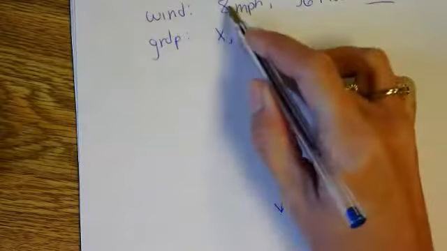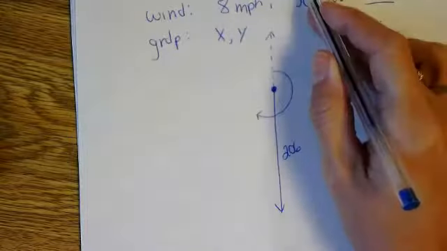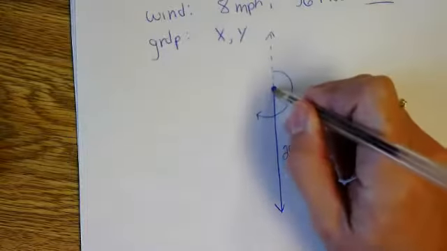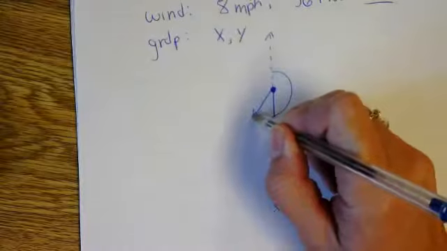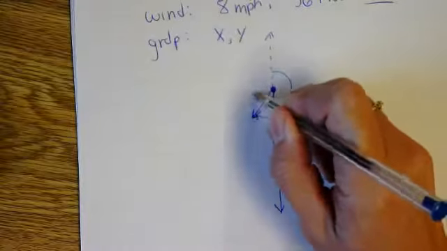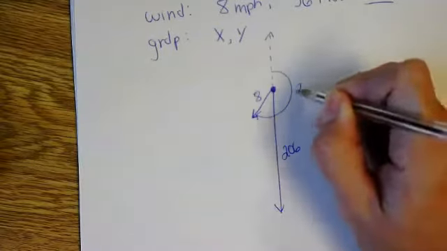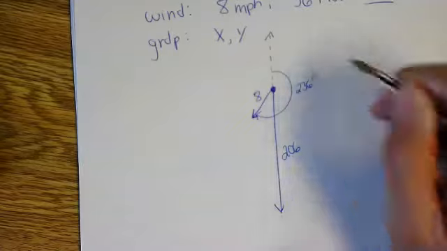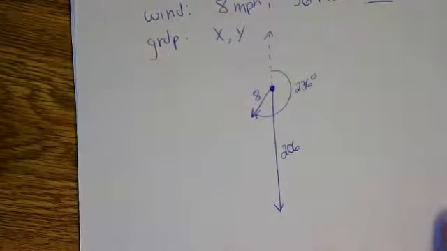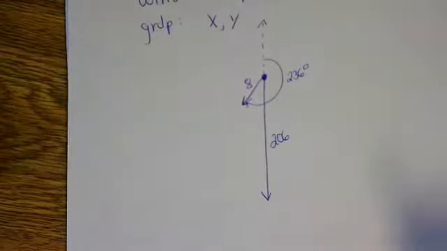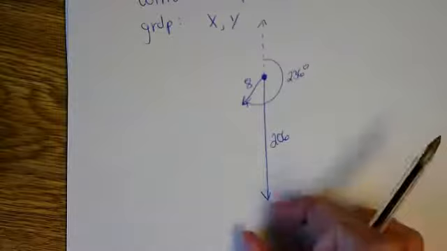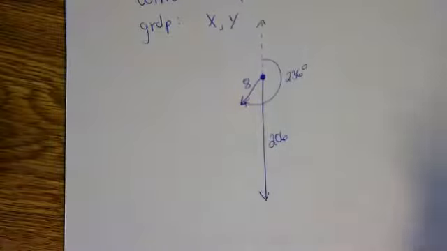And wind is not very long compared to the plane, so 8 miles per hour, so I'm not going to make it very big. And that is 236. So right now they're tail to tail. So I can slide the 8 down or I can slide the 206 over. It doesn't matter. I usually will slide the smaller one.